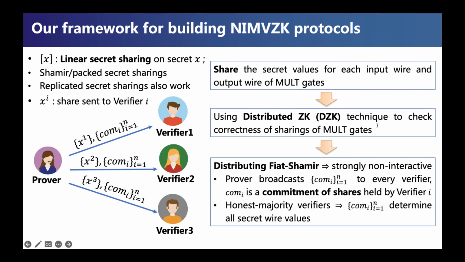In particular, the prover broadcasts COM_1 to COM_N to every verifier. Here COM_I is the commitment of shares held by verifier I. Because we work in the honest majority setting, these commitments determine all secret wire values. Therefore, we have public messages to make Shamir work.